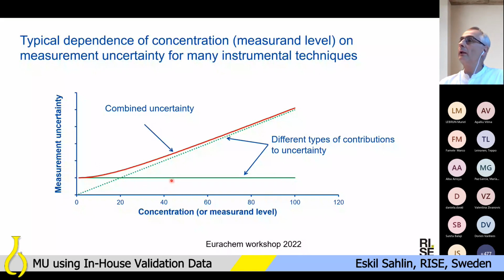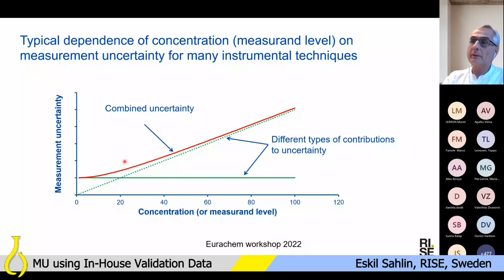We look at the green solid line here. It will typically add to the uncertainty independent of the concentration. Other types of contributions will add to the uncertainty in this way. We now look at the green dashed line here, and typically it will increase with concentration, like this. And when we then combine all these contributions, we will end up with something looking like the red curve here.